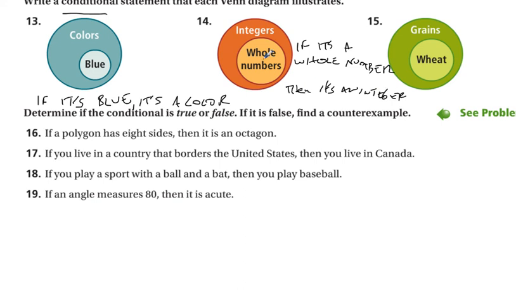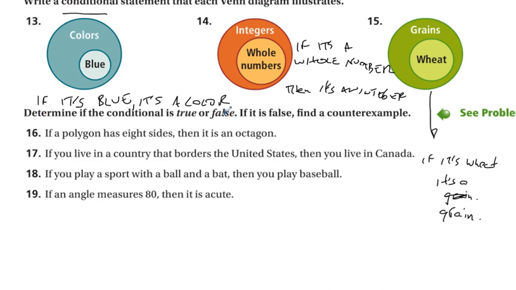Okay, we know that all whole numbers are integers. And finally, the last one, number 15, if it's wheat, it's a grain. That's supposed to say grain, G-R-A-I-N. It's a grain.